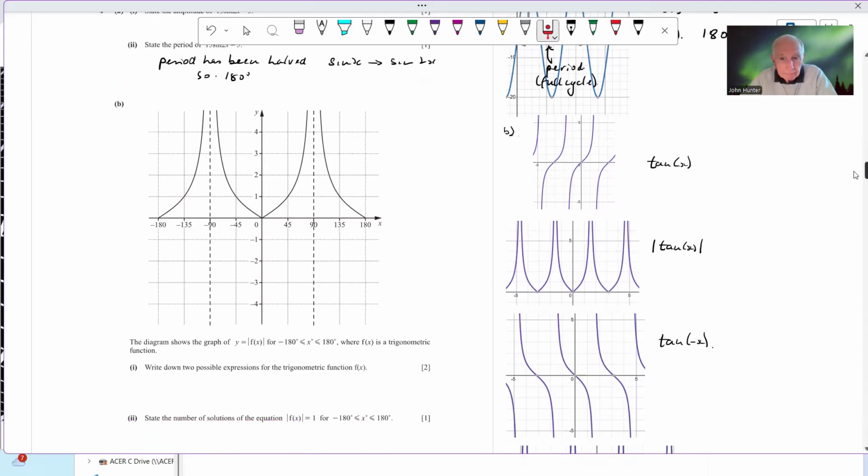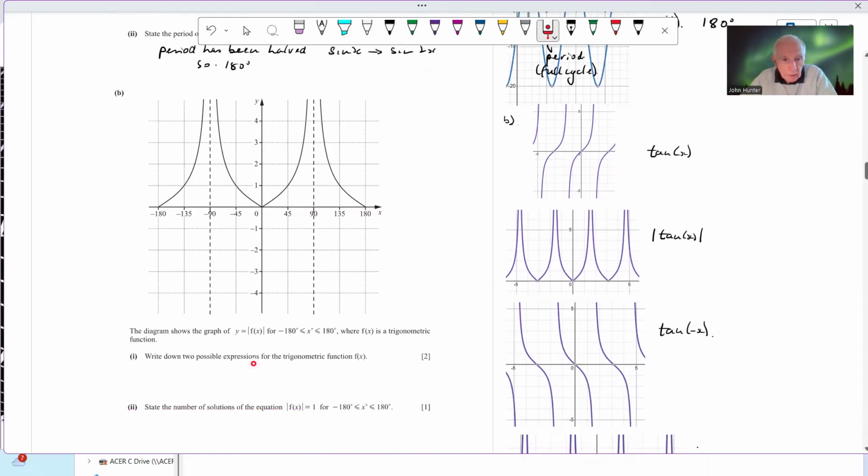Part B. Okay, the diagram shows the graph of y equals the absolute value of some function between -180 and +180. Write down the 2 possible expressions for the trigonometrical function f of x.